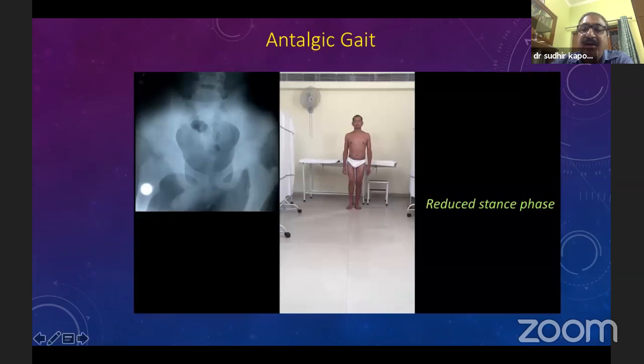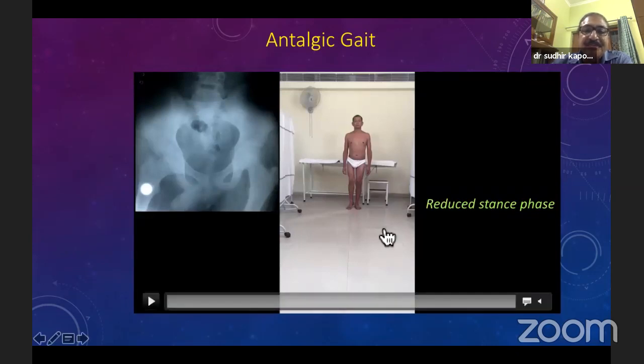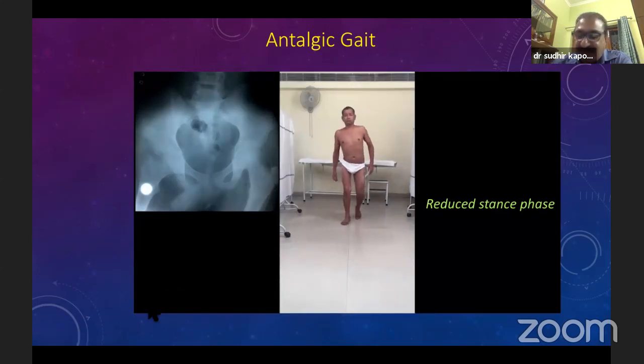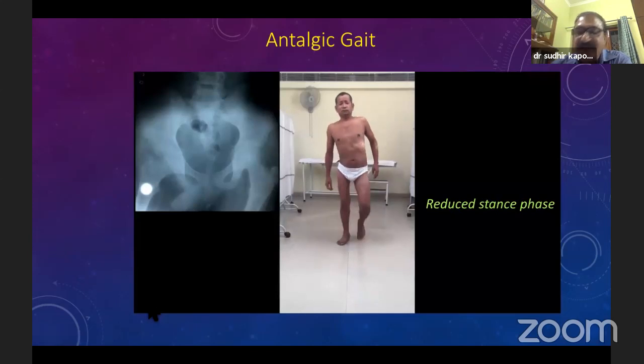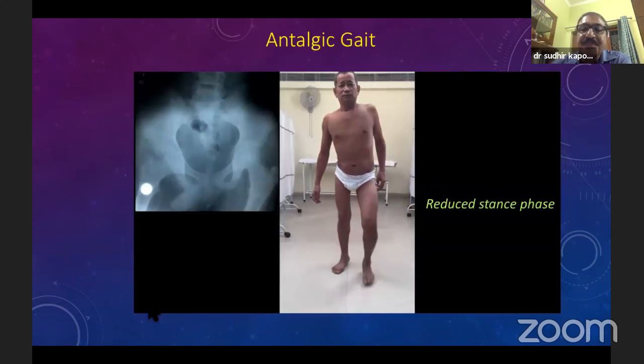Now, this is an antalgic gait, the gait with the reduced stance phase. No further discussion; I think Dr. Sumit will cover it.